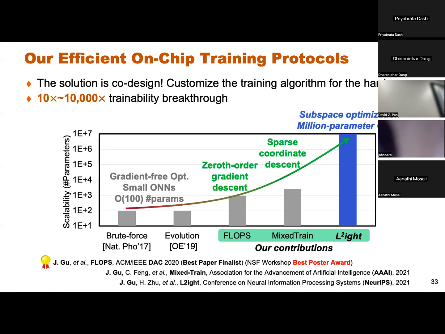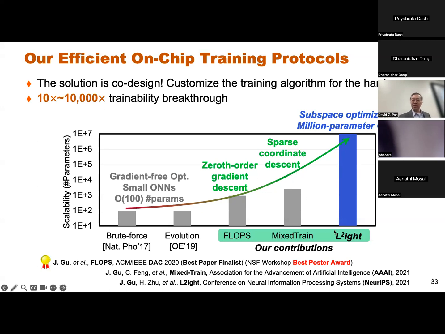Please don't change those, but of course they need to be properly weighted. Then only change the remaining 10% of the weights, and you can still get really good accuracy. That's why we call it sparse coordinate descent. So you can increase the scalability and the power efficiency significantly.